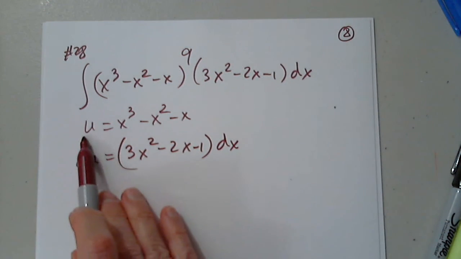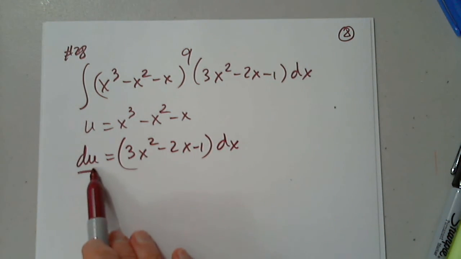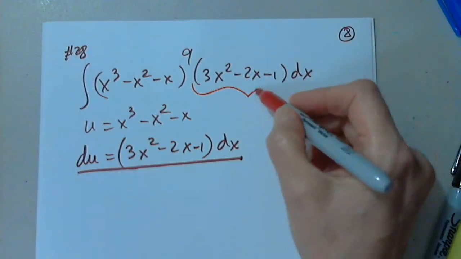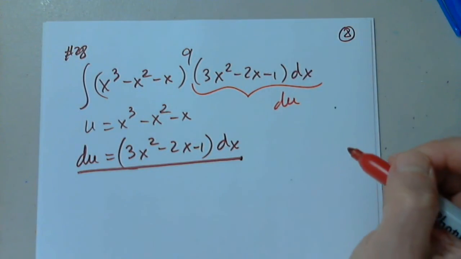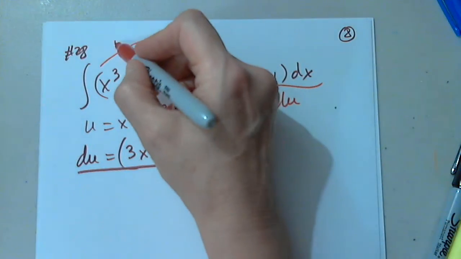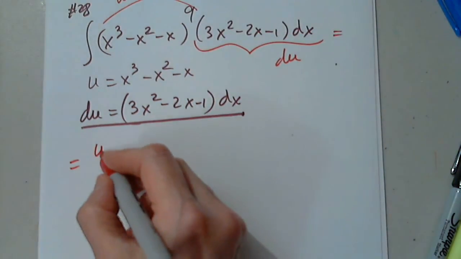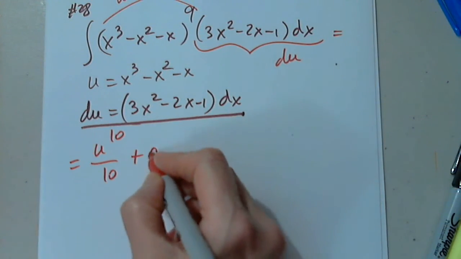So please carefully identify the substitution, carefully present the differential. And I see I'm in business. Why am I in business? Because this is du, and this is u to the 9th power. So then I have u to the 10th over 10 plus a constant c.